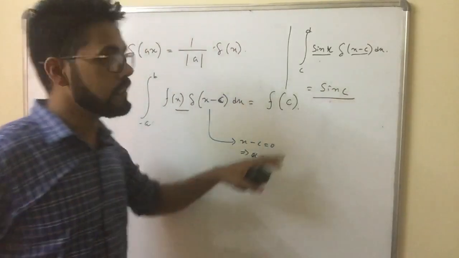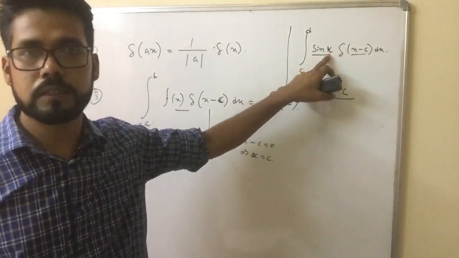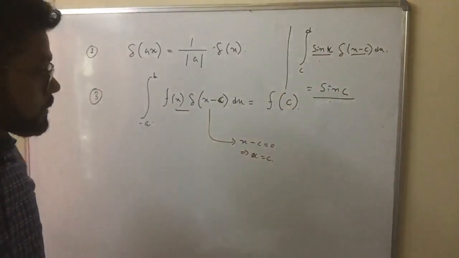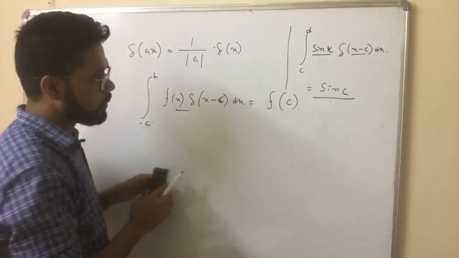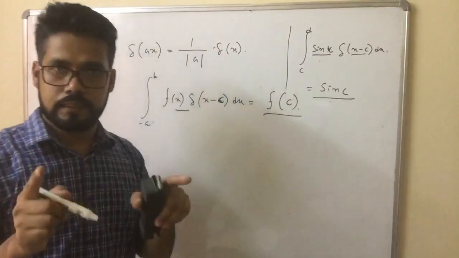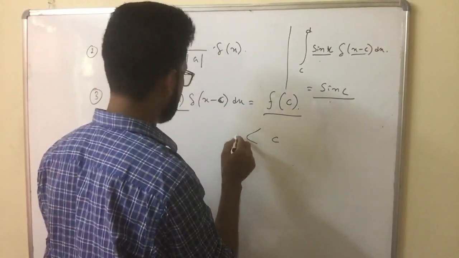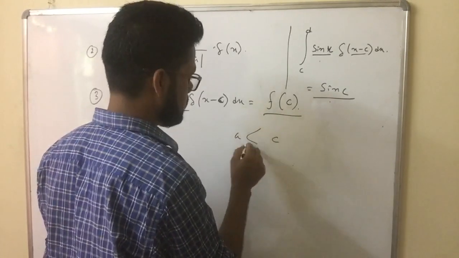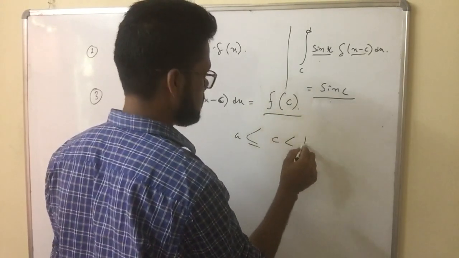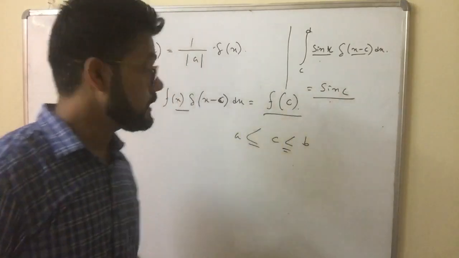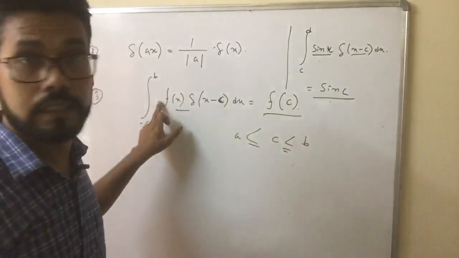That value you have to put in place of x. But one condition is there: this is valid provided the point c is greater than a and less than or equal to b. That means this value c must be within this range.